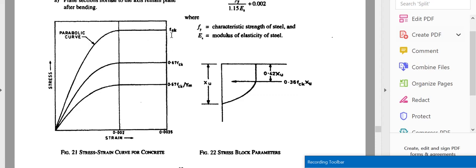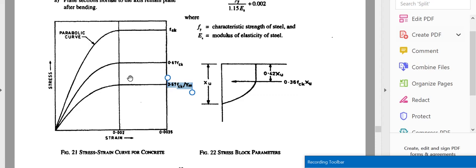You have your fck value here, so considering the field condition, you multiply it by a factor of 0.67, giving 0.67 fck. Then further applying a factor of safety of 1.5, you get 0.67 fck divided by 1.5, which is 0.446 fck. I hope you remember that.